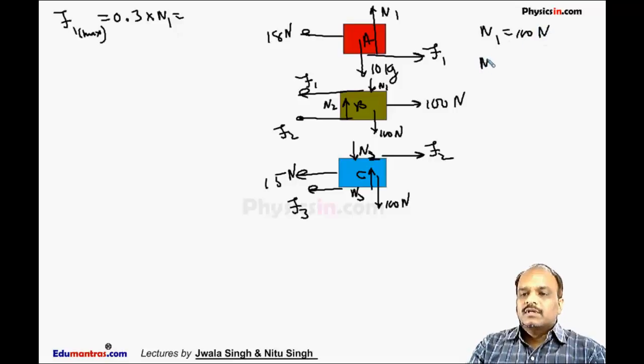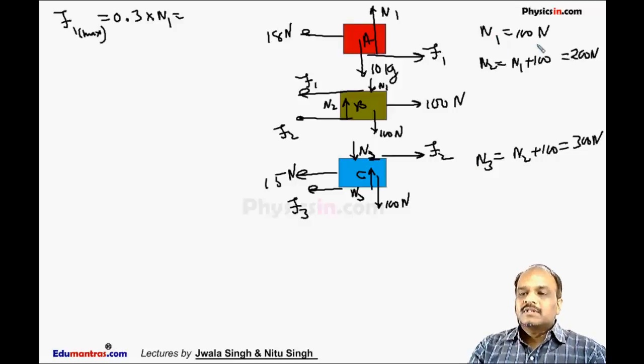In the same way, N2 is equal to N1 plus 100, so it is equal to 200 Newton. In the same way, the normal reaction N3 is N2 plus 100, so it is 300 Newton. So this is about N1, N2 and N3.